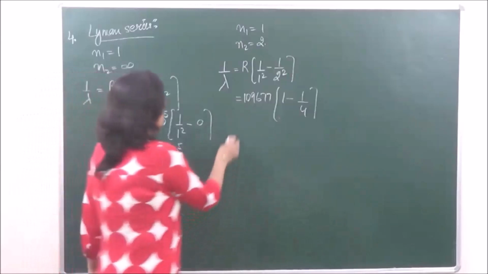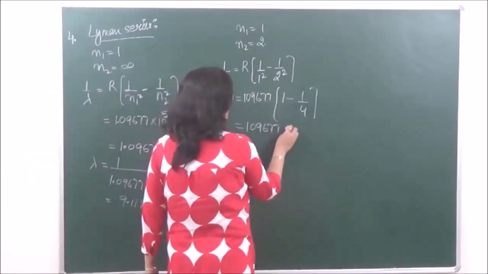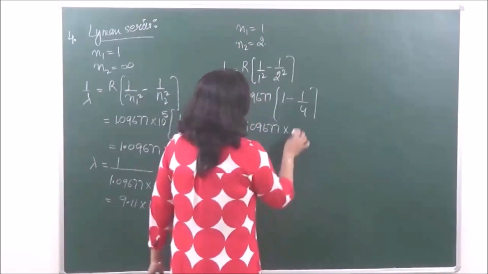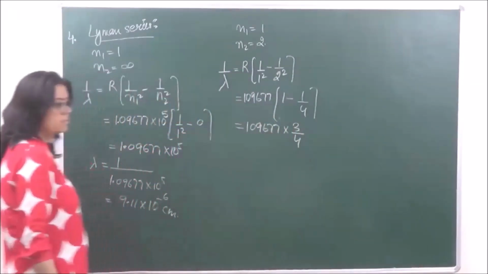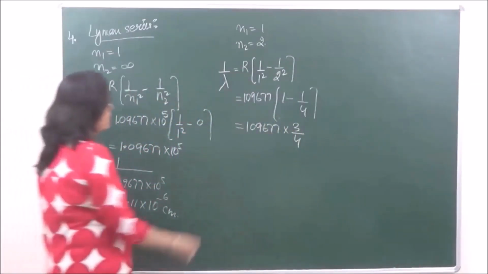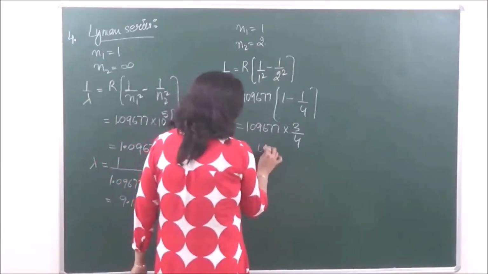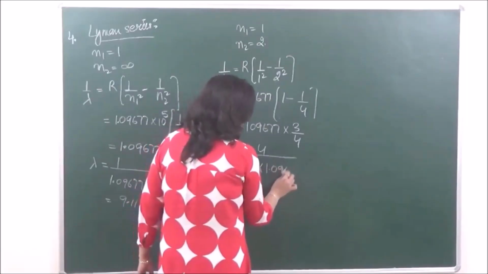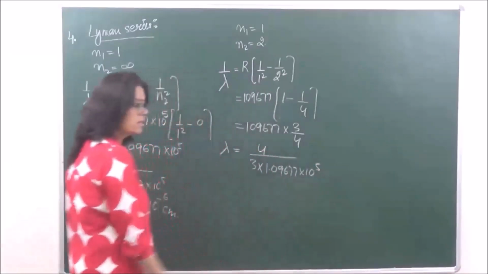So this will become 109677 into 3 by 4. And lambda will become the reciprocal of this. So we can take this as 4 upon 3 into 1.09677 into 10 raised to power 5. This is how we can put it.